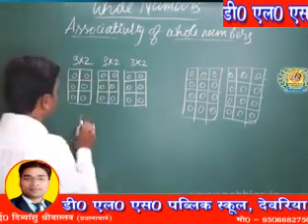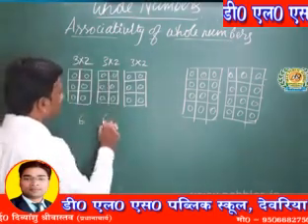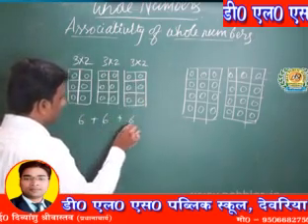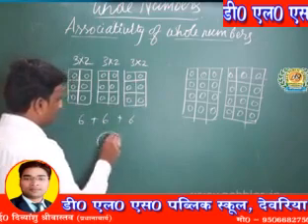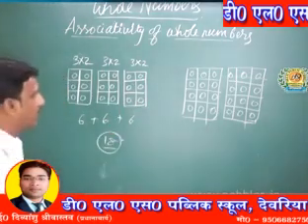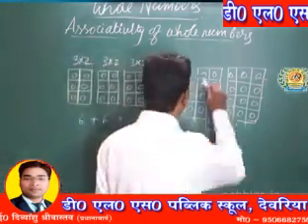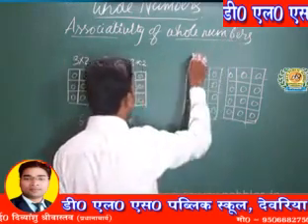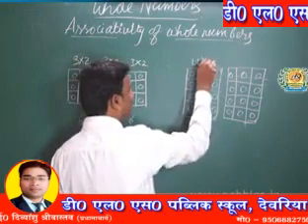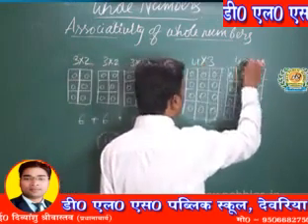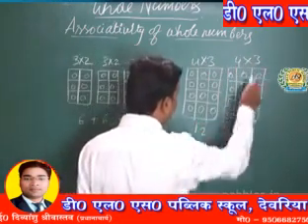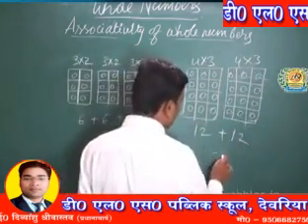So 3 twos 6, 3 twos 6, 3 twos 6, 6 plus 6, 12 plus 6, 18. Here it is the same, but in a different pattern, 3 columns, each 4. So we write 4 into 3 and 4 into 3. 4 threes 12, 4 threes 12. So 24.